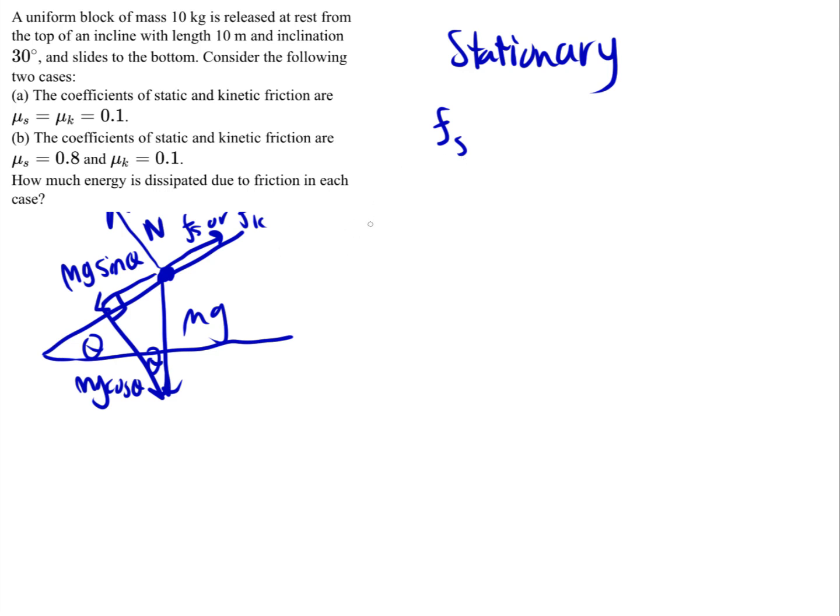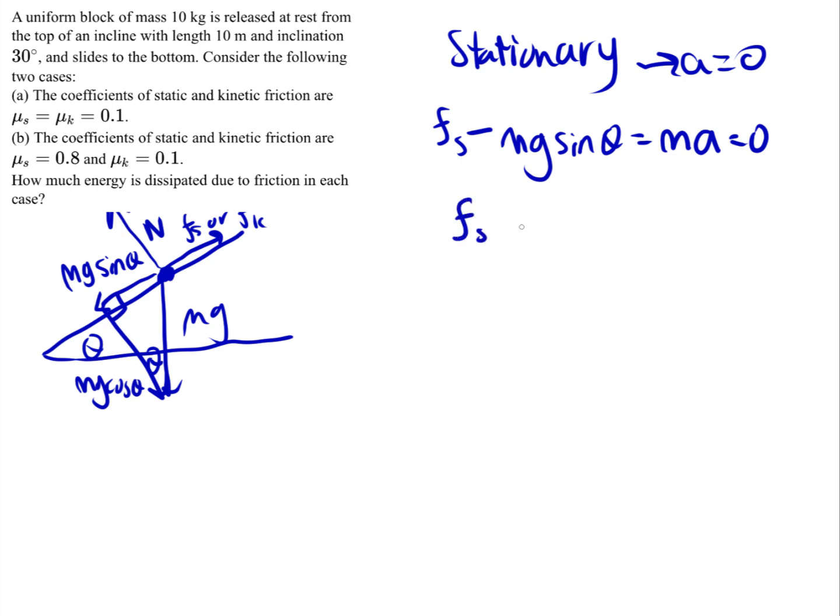So from that, we get that the static friction minus the component of gravity parallel to the incline, mg sine theta, must equal the mass times the acceleration of the block, which is 0, since if the block is stationary, that means that the acceleration is equal to 0. So we can basically say that the force of static friction is equal to mg sine theta. And that's going to be important later.